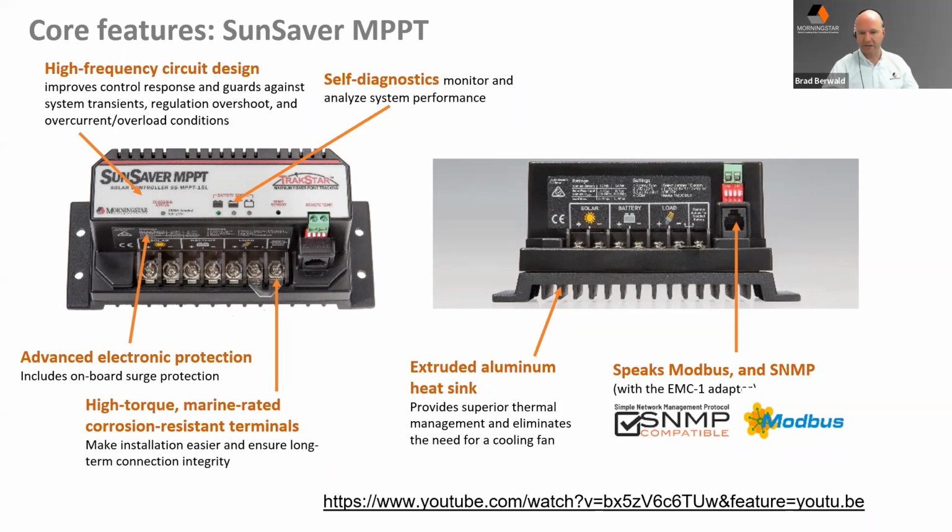In the case of MPPT controllers, we switch at a very high frequency, and that keeps the size very small, so it's very compact. We have all electronic protections, always rugged terminals, and we are definitely a big user of aluminum, often doing custom castings and extrusions so that we can have designs in the heat sinking that really gets the job done and allows us to meet our performance standards.